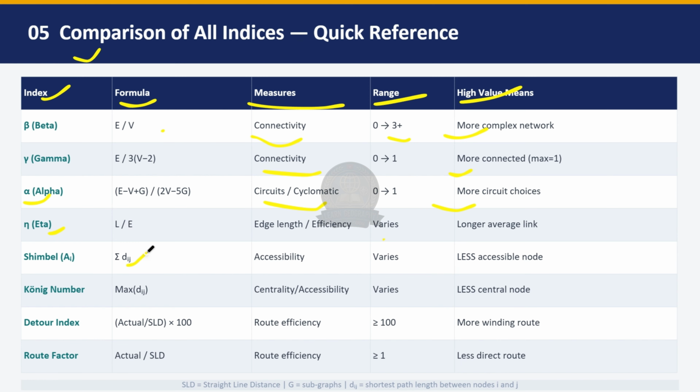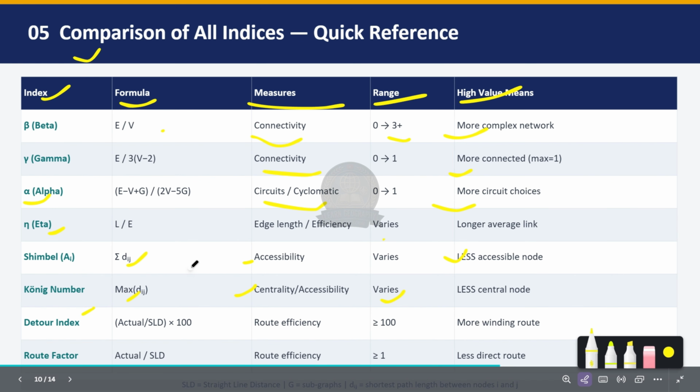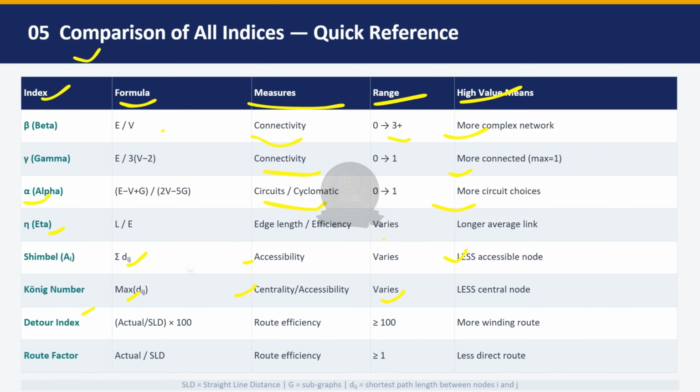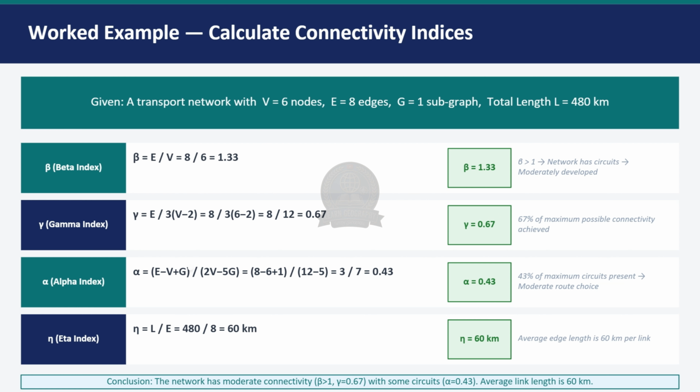Symbol, this is the formula, accessibility varies, higher means less accessible nodes. Konig number makes DIJ, centrality divided by accessibility, varies, less central node. Detour index, actual divided by SLD into 100, route efficiency, more than 100 means a more winding route. Route factor, actual divided by SLD, route efficiency, more than one means a less direct route. This is a comparison of all indices.